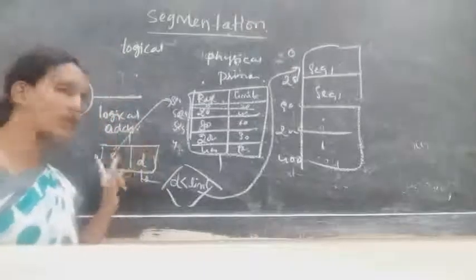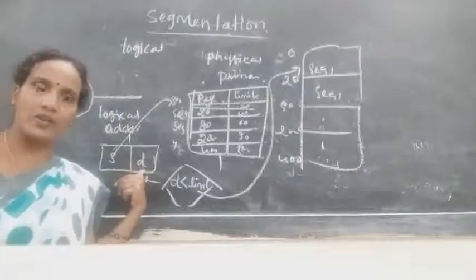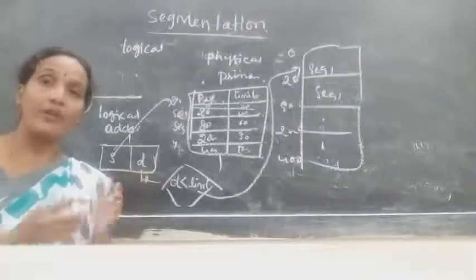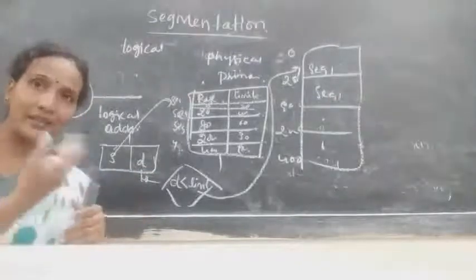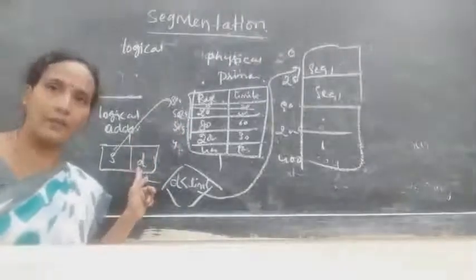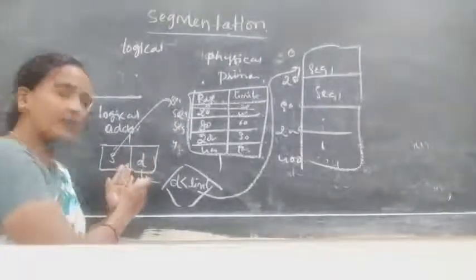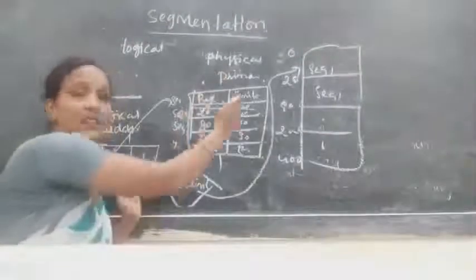The logical address consists of two parts: one is the segment number and the second is the offset. The segment number is the segment from which the CPU wants to read the content, and the offset D is how much content it wants to read from that segment. Whatever content the CPU wants to read should be less than the limit.